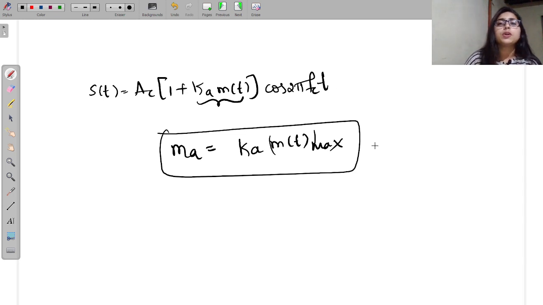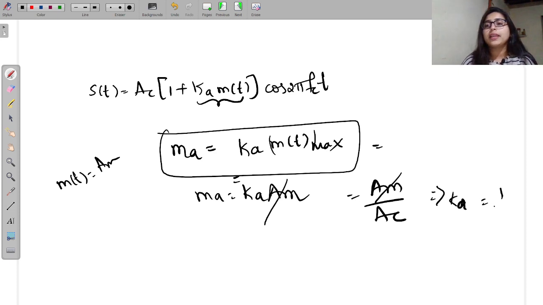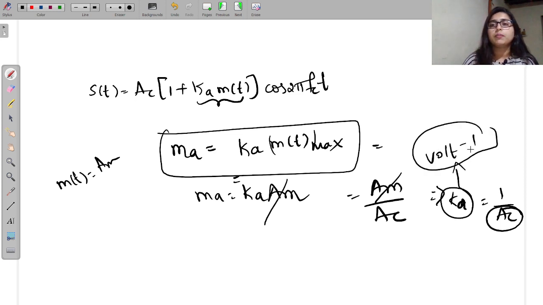Okay, from this what I can see here, for suppose m of t is the same thing, Am cos 2 pi fmt, MA will be equal to Ka into Am, and we know that is also equal to Am by AC. So if I take it like this, Ka will be equal to 1 by AC. Here AC has a unit of volt, so the unit of Ka will be per volt. Ka is equal to 1 by AC.